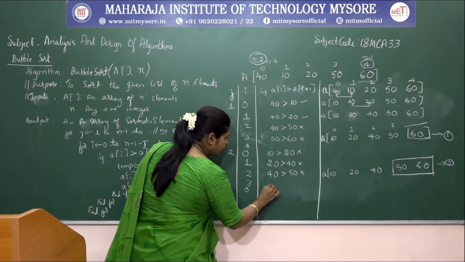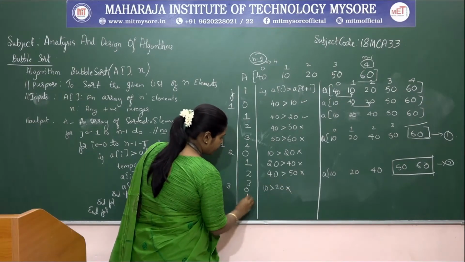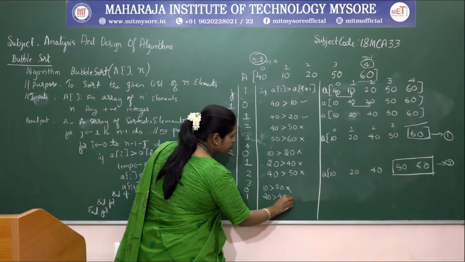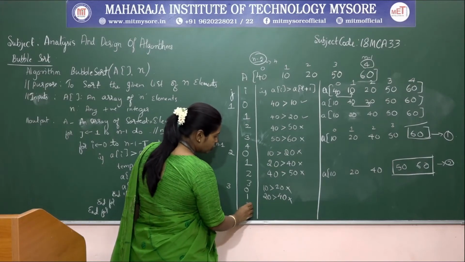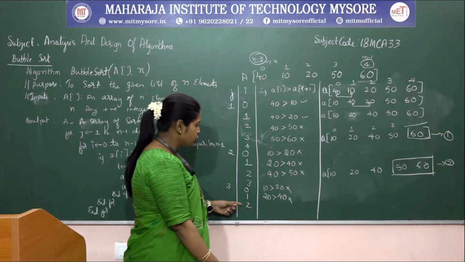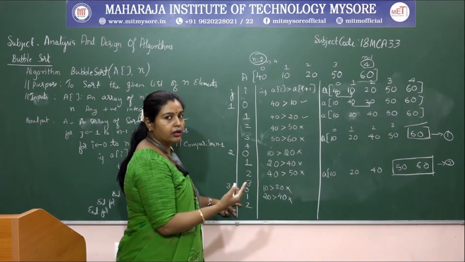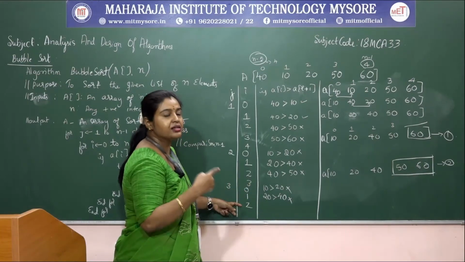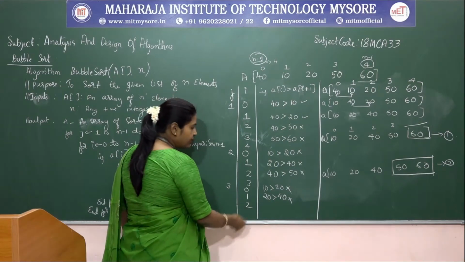Now, 10 greater than 20 is false, so next i gets incremented. 20 greater than 40 is false. If it is false, i gets incremented. So i is 2. In the second position we have a value, but in the next position we don't have any value, it is already sorted. So n minus 1 minus j condition is false and it will come out of the loop.